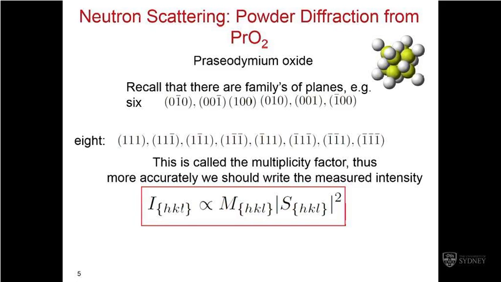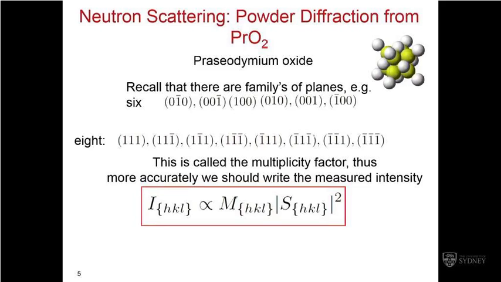There's 8 of them, and so this is called the multiplicity. For example, if we have 111 here, m would be 8: 1, 2, 3, 4, 5, 6, 7, 8. If we're looking at a 100, we would have 6 being the m here. But as you can see, it's still only proportional to, so there are some other factors that get into that expression for the intensity.